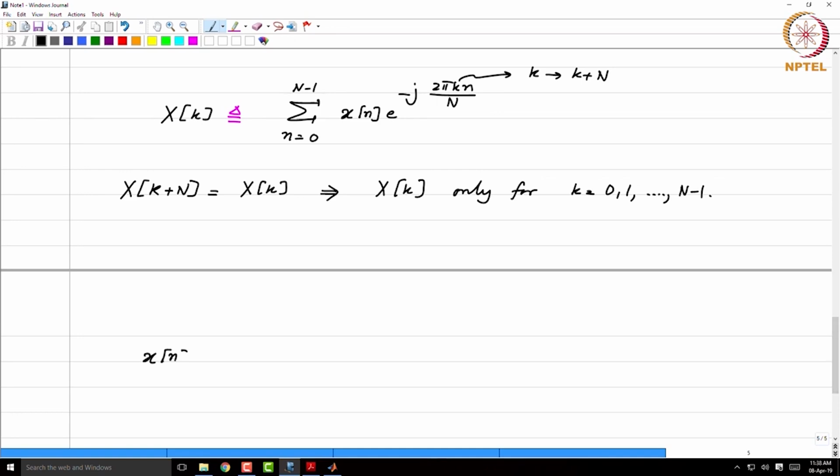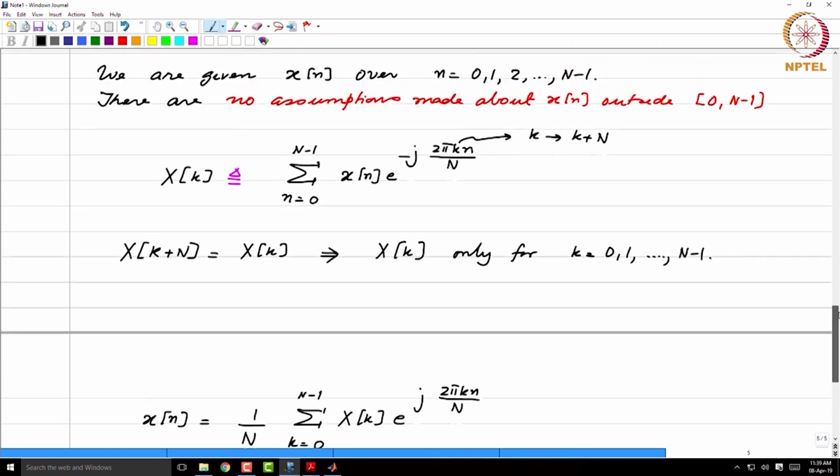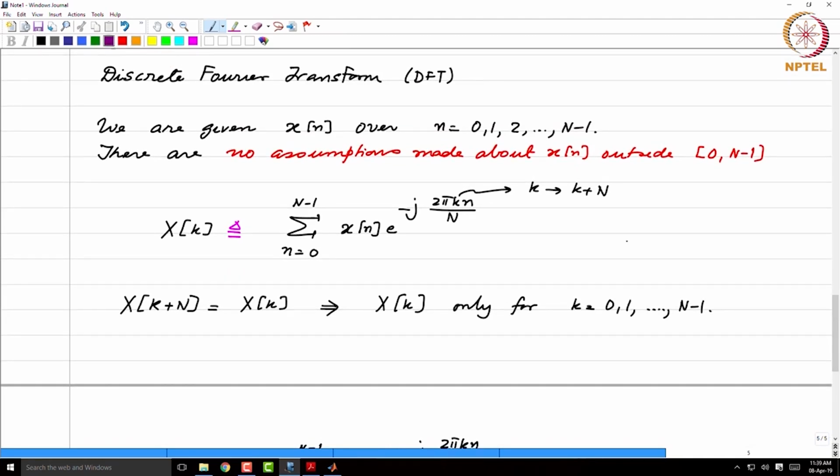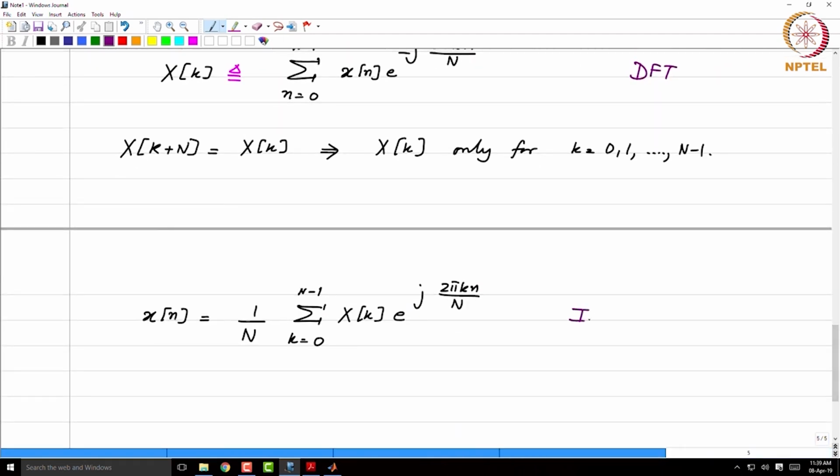This person then says, okay, I gave you the DFT definition, I will not leave you in the lurch, I will also give you the inverse DFT definition, and hence this definition turns out to be a sum over k going from 0 to N minus 1 of e to the j 2 pi k n by capital N. So this was the DFT, and this is the definition of the inverse DFT.